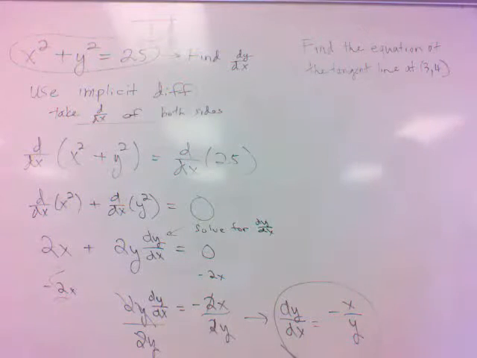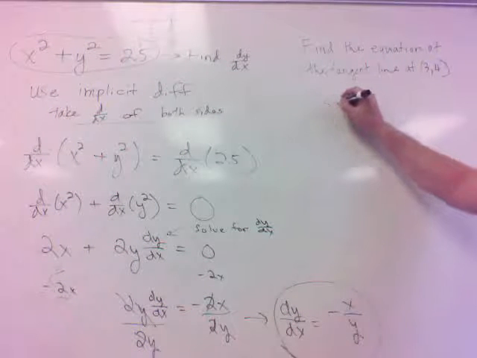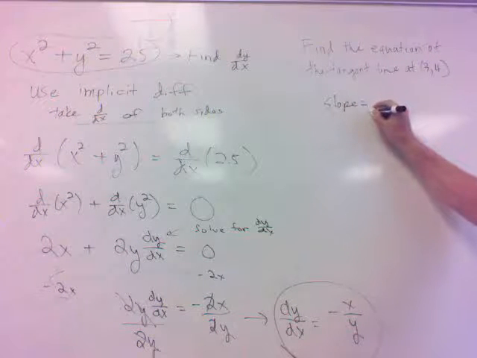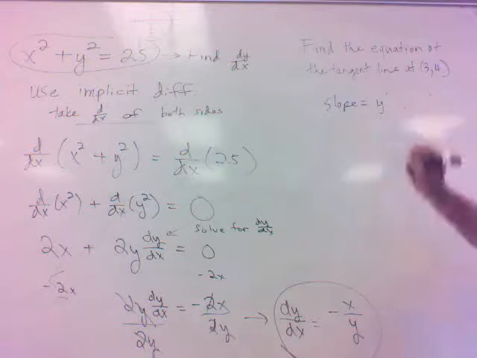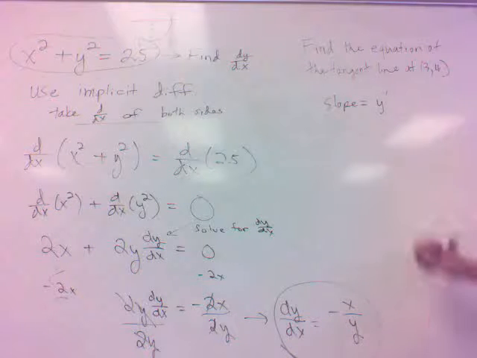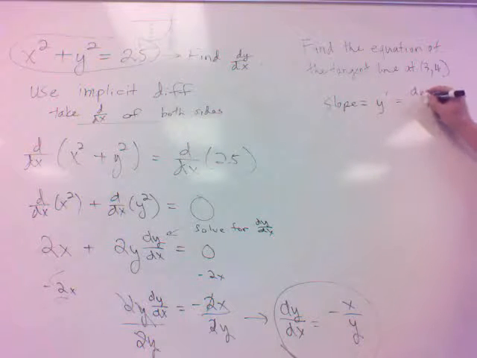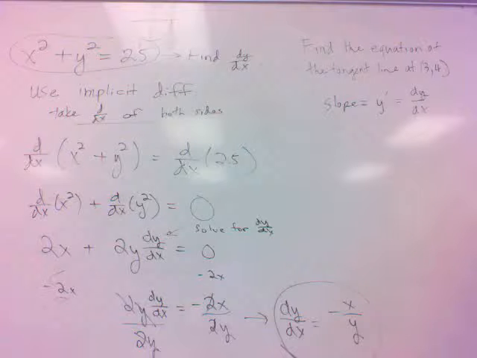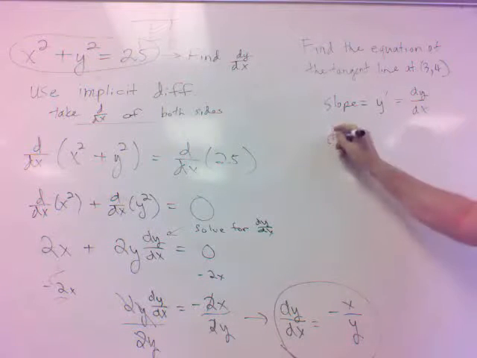Well, what's the slope of the tangent line? Well, it's the derivative. We've been writing it y prime, but now we're using the dy/dx. Same thing, isn't it? The slope of the tangent line is dy/dx. Well, here's dy/dx.